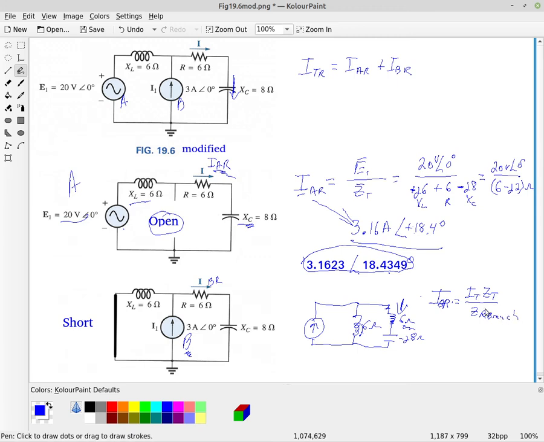That is the current divider rule. Remember, it is kind of the opposite of the voltage divider rule.